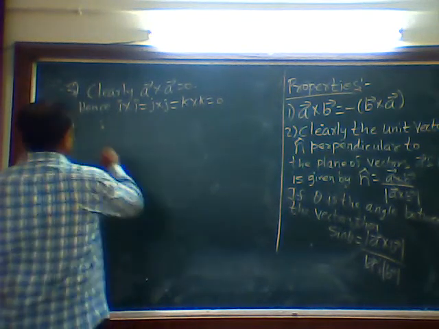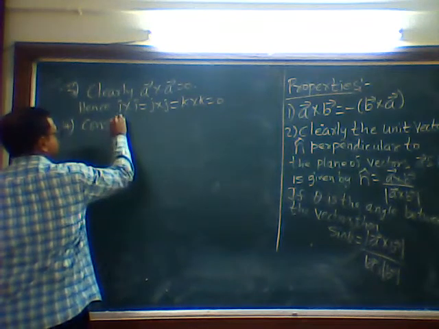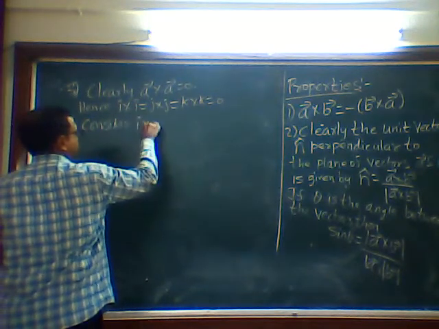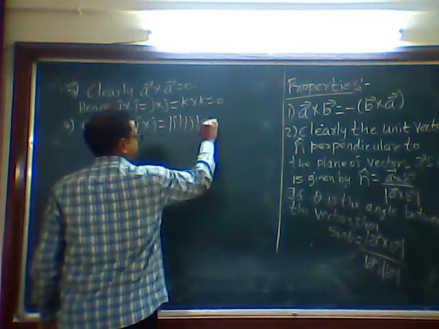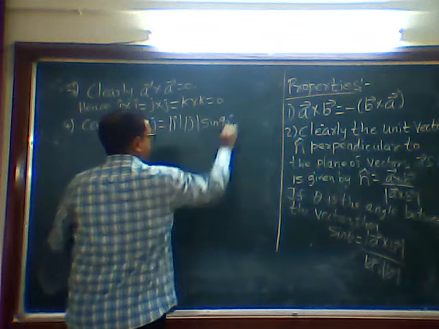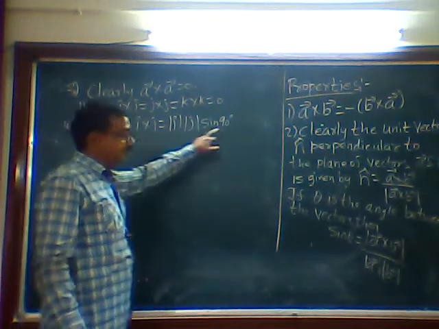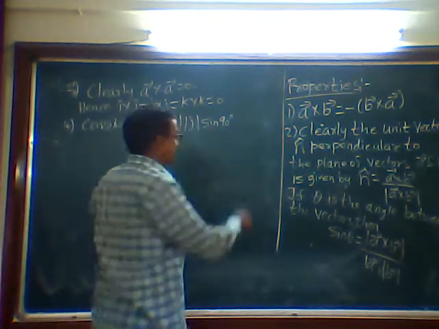Then the fourth one. Consider i cross j is equal to mod i mod j sin theta n cap. Because they are different, 90 degrees will come and n cap will be replaced by k.